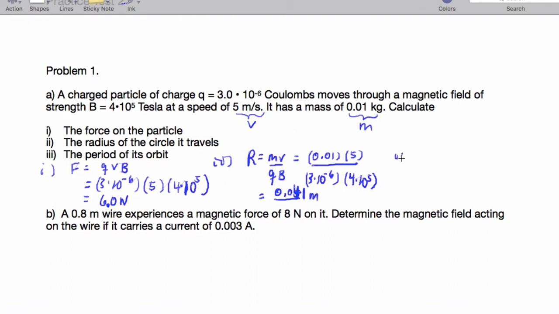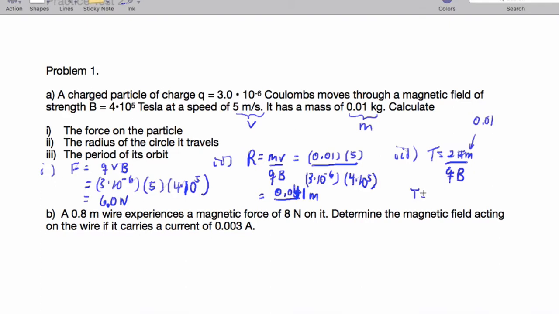And then when we get the period, it's going to be T equals 2 pi m over qB. Once again, we'll need to be careful to put our numbers in. So m is 0.01. And Q and B we plug in from before.